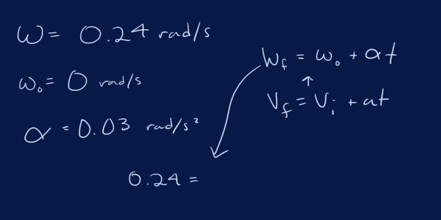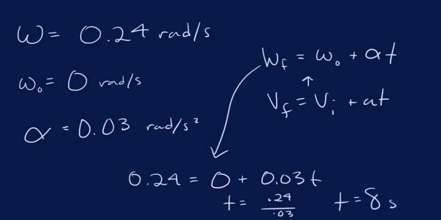Our initial is 0 plus alpha time, so 0.03 times time. And then t equals 0.24 over 0.03. And that comes out to t equals 8 seconds. Beautiful.